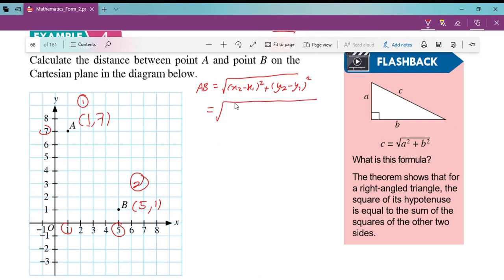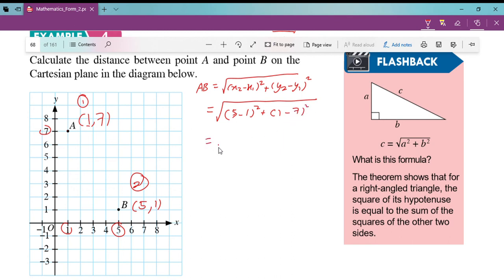x2 will be 5, minus x1 which is 1. y2 is this one, y2 will be 1, minus y1 which is 7, squared.